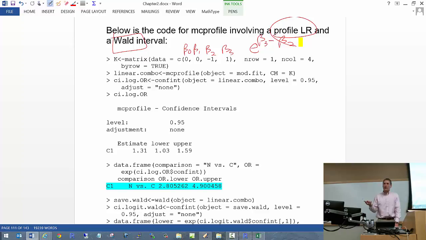So what this is going to do is compare the none to the chemical category. Again, none to chemical. I know that from what the indicator variables are in our model.